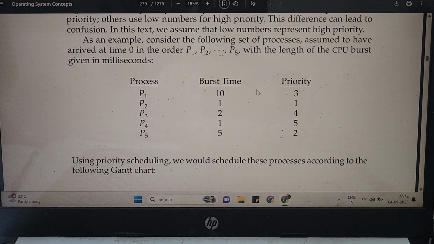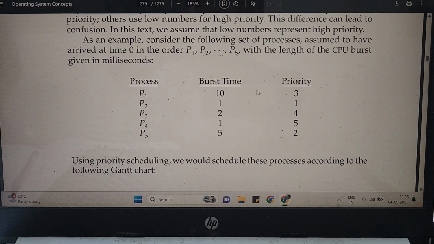So priority scheduling, as the name suggests, is where you schedule tasks not based on their arrival time, not based on round robin, not based on how much time they need to execute, but based on the priority. So every task in this situation, you'll be given the burst time, of course, but apart from that, you'll also be given a priority.